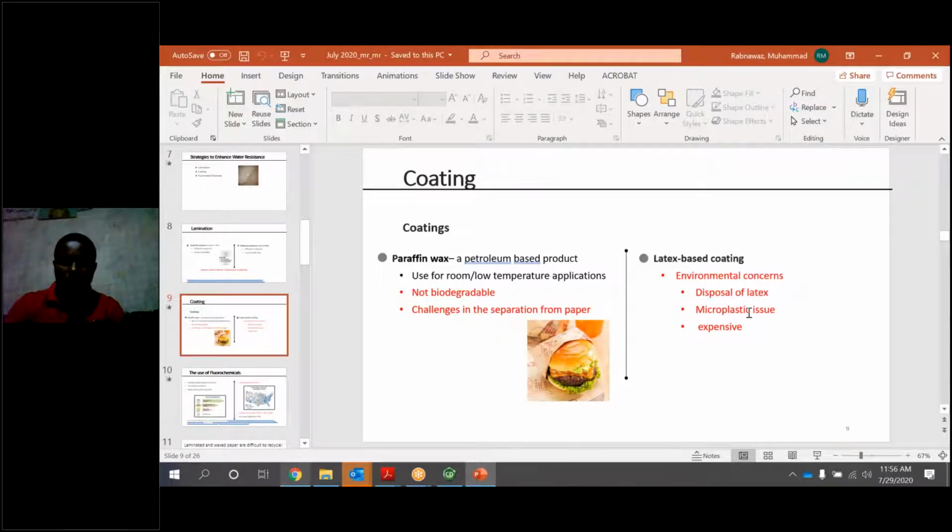The next one is the latex-based coating. The problem is when you apply latex on the paper, this latex, when it goes to the water streams, makes one of the severe emerging issues. We call that microplastics. Microplastics are 5 millimeter or smaller particles.